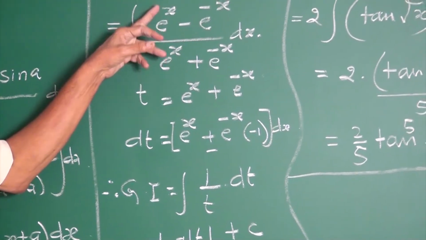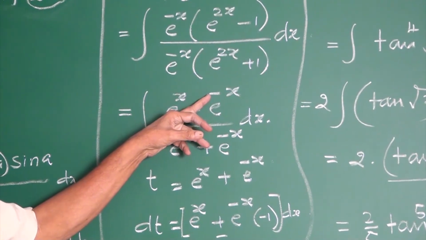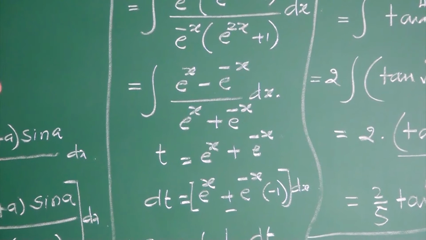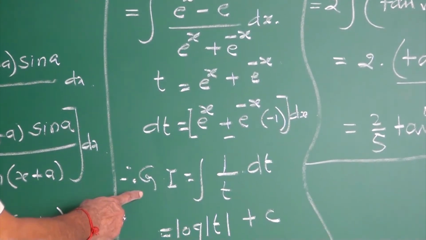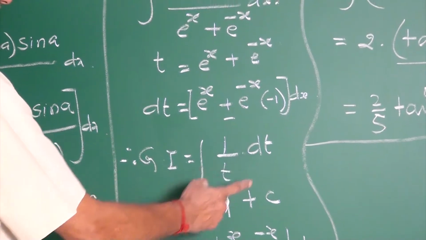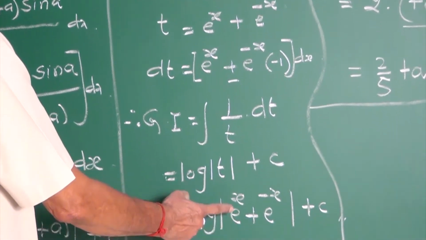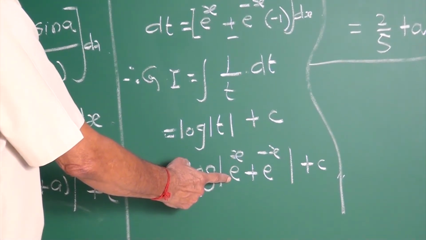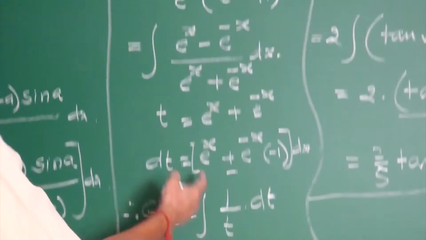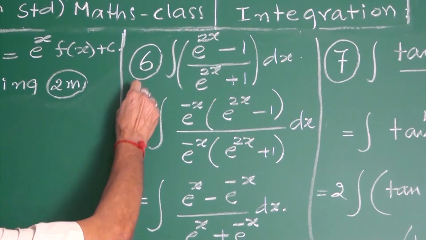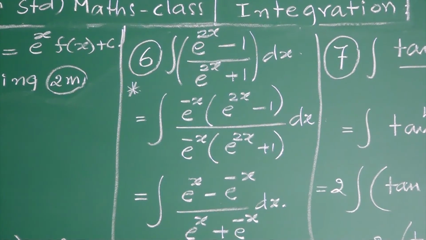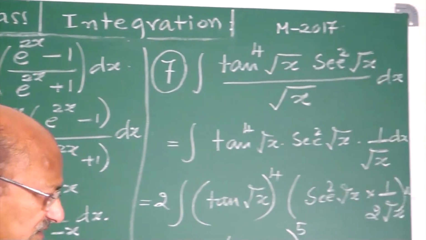Then it is nothing but your dt. Therefore, the given integral is 1 upon t into dt. 1 upon t is what? Log. Put the value of t: log of e to the power x plus e to the power minus x, plus c. This is the second example. It is also under 2-mark questions, my friend. Good example.